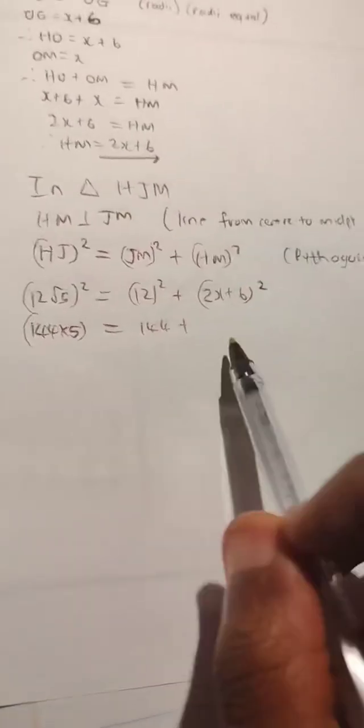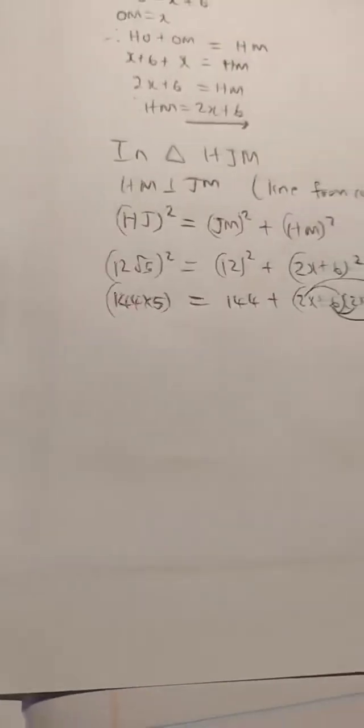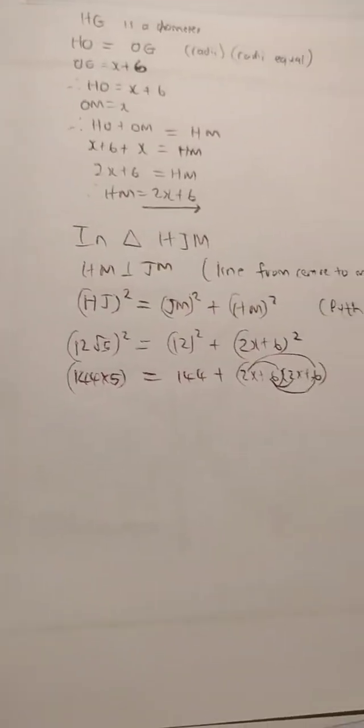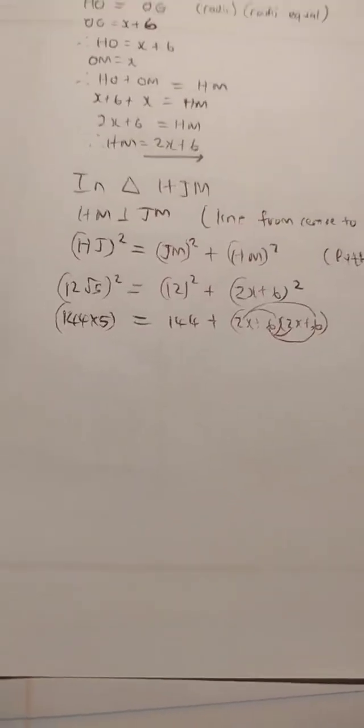So 12 root 5 squared, that's 144 times 5, which is equal to 144 plus, what's 2x plus 6 the whole thing squared? Remember, I opened two brackets of 2x plus 6 so that I don't forget that I'm supposed to FOIL. Okay, so my algebra is coming back. What's 144 times 5? Help me out there, guys, in the comment section.